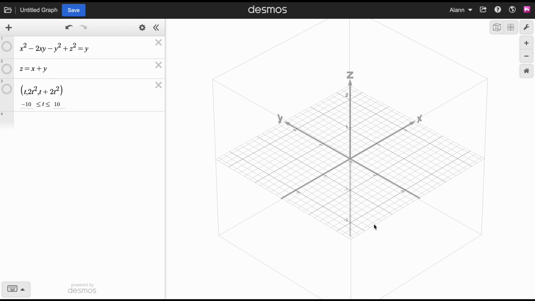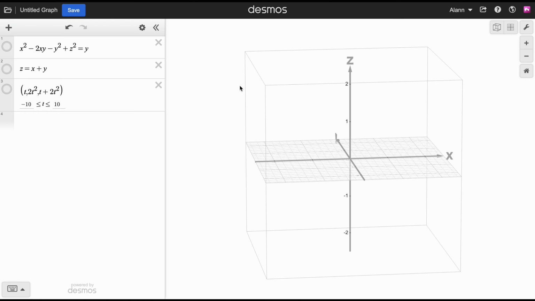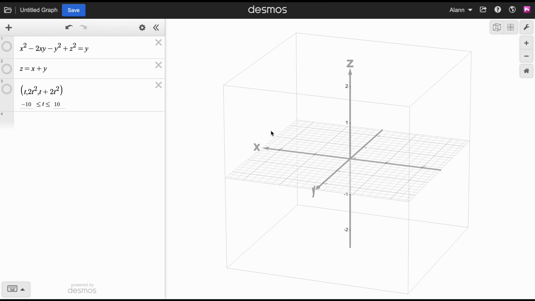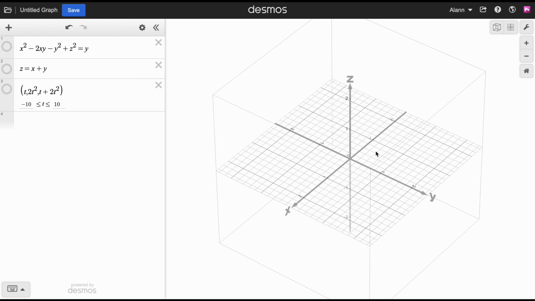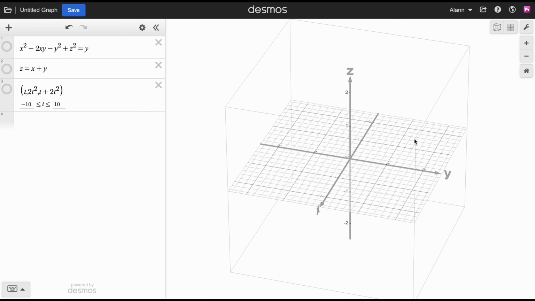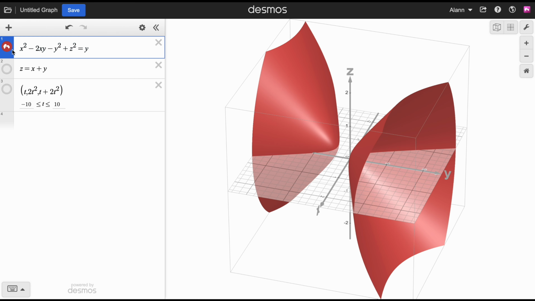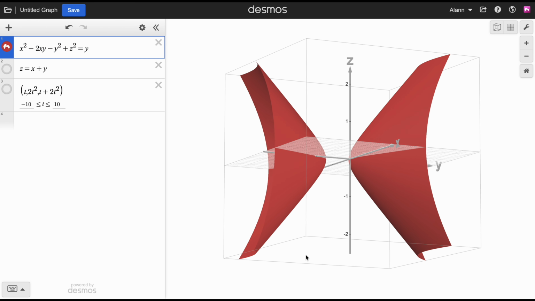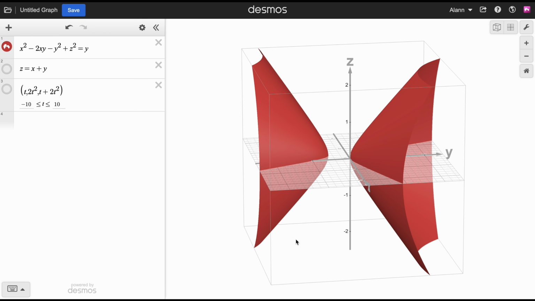All right, welcome back. So here is our Desmos 3D app. And let's see what our curve of intersection looks like. Just going bit by bit, let's first plot our hyperboloid right here. As we can see, it has two sheets.